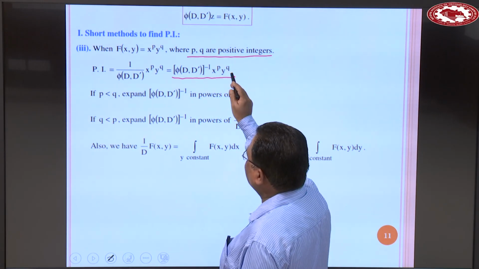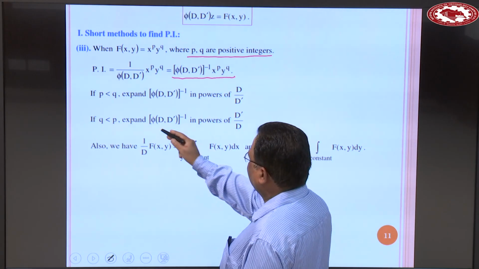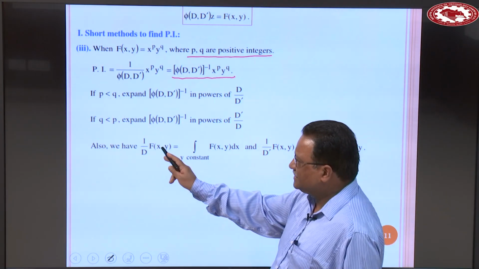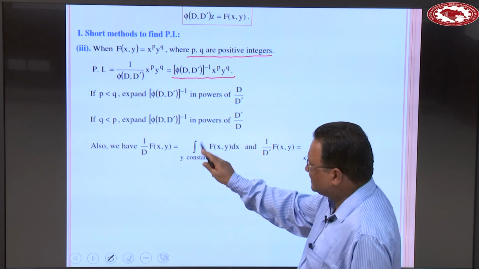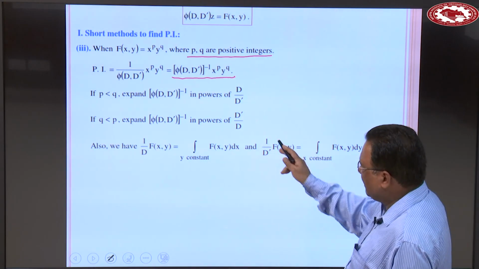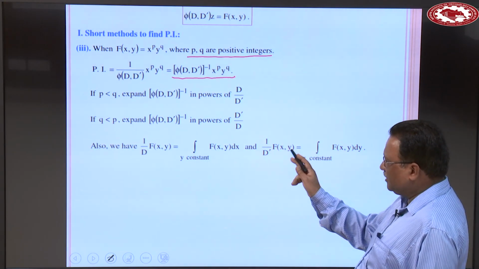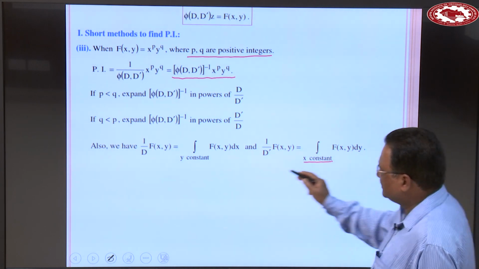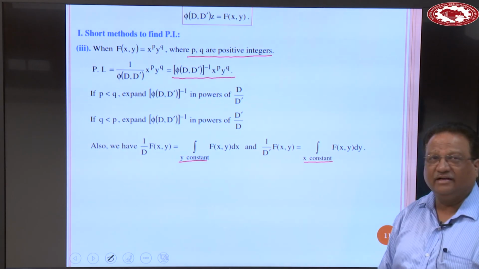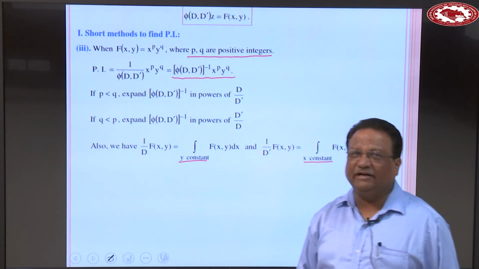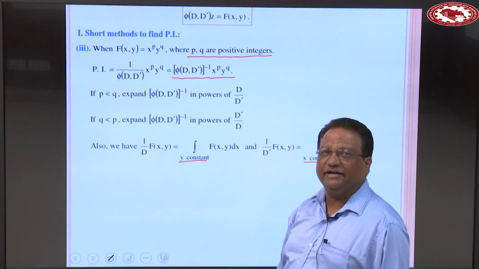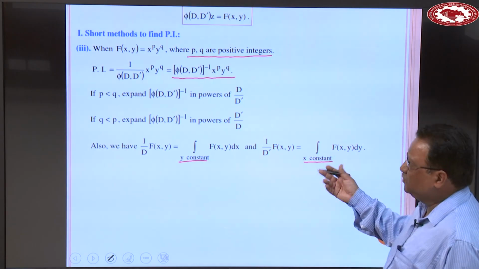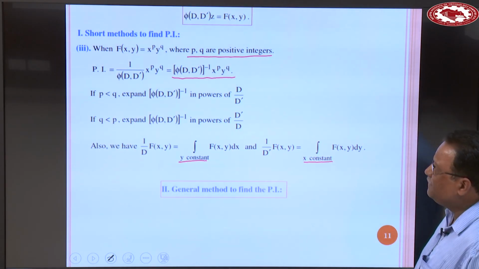If p is greater than q, then expand this in powers of D dash over D. You know 1 over D of f(x,y) is the single integral of f(x,y) dx, and 1 over D dash of f(x,y) is the integral of f(x,y) dy, treating x as constant and here treating y as constant. Similarly, 1 over D square means double integral, 1 over D cube means triple integral, and 1 over D is a single integral. In this way you can use these short methods to find the particular integral.